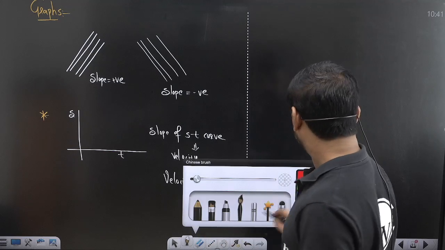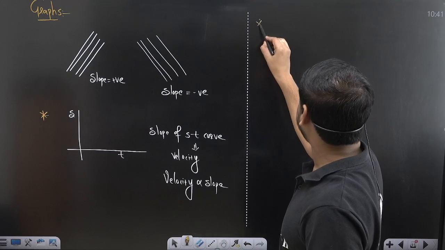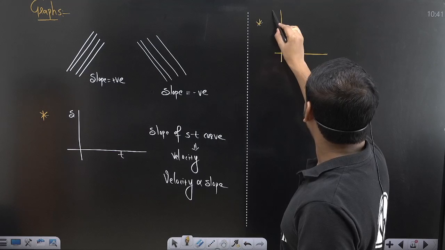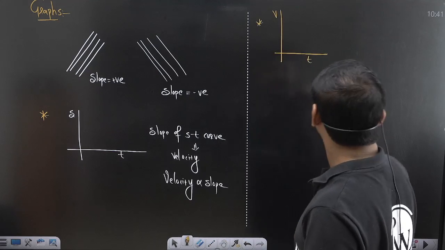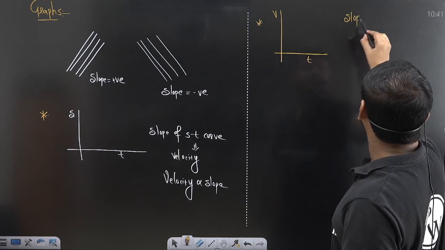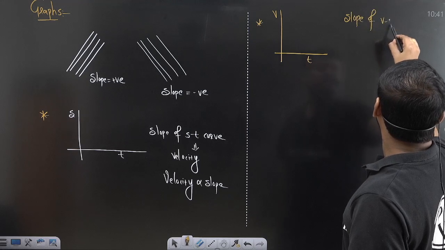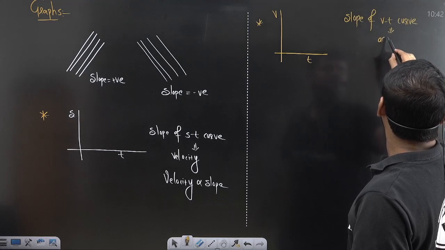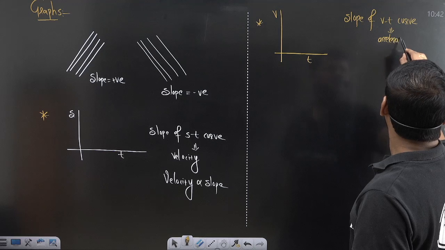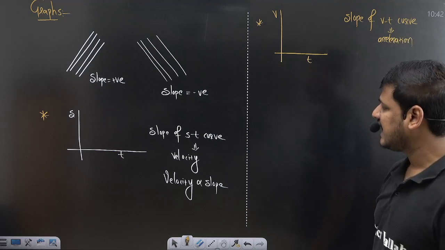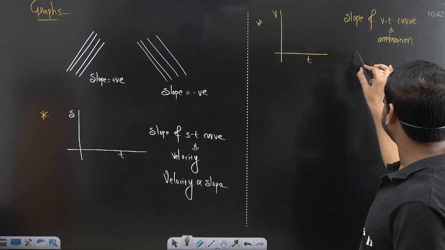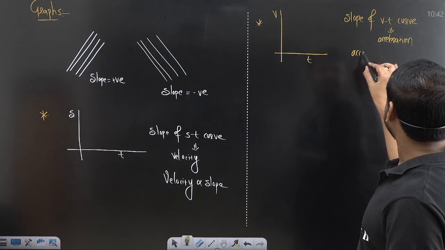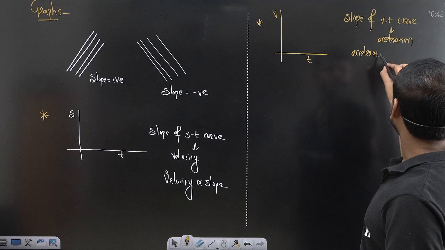Next, the VT curve, V versus T. The slope of the VT curve will result in acceleration. So here also the same thing: the acceleration is directly proportional to the slope of the VT curve.